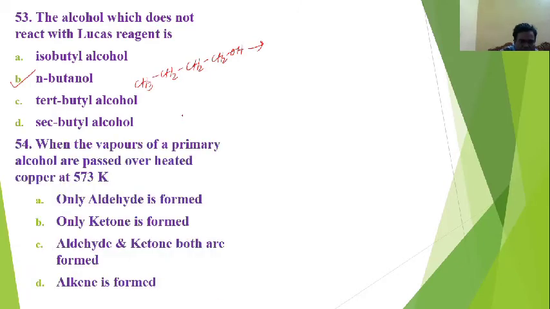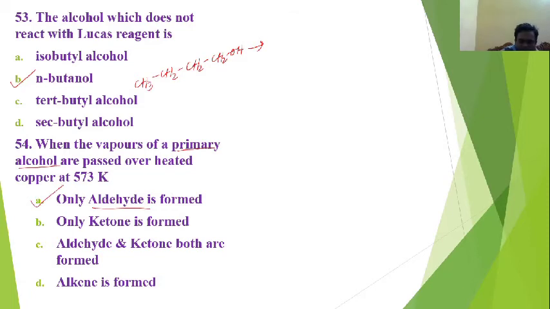When the vapors of a primary alcohol are passed over heated copper at 573 Kelvin, I already discussed this question. Primary alcohol gives aldehyde, secondary gives ketone, tertiary gives alkene. Since it is primary alcohol, it gives only aldehyde.